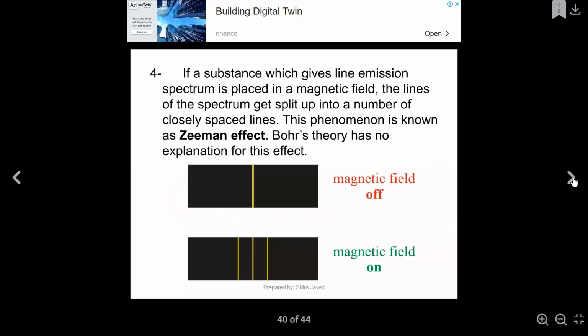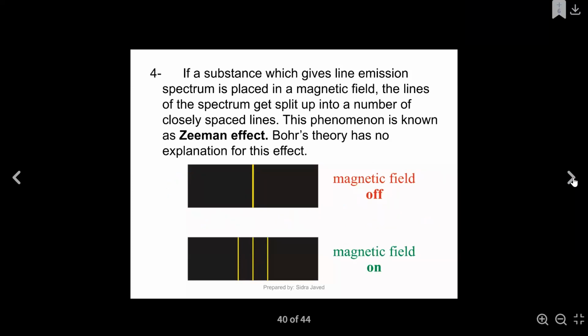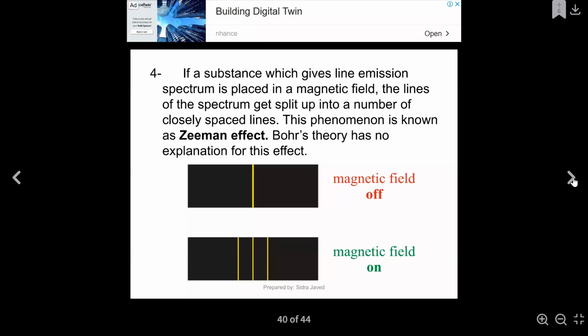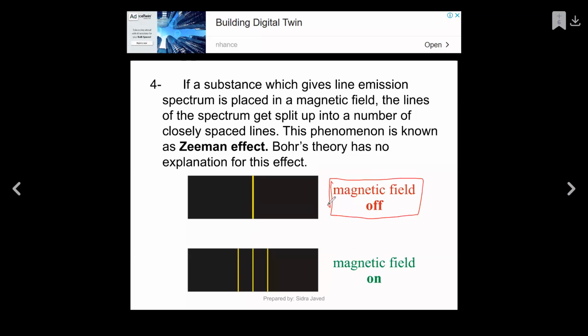Then, if a substance which gives line spectrum is placed in a magnetic field, the lines of the spectrum get split into a number of lines. So this is the spectra in absence of magnetic field. You are getting a single line. But when the same spectra is studied in presence of magnetic field, this single line splits into a large number of lines.